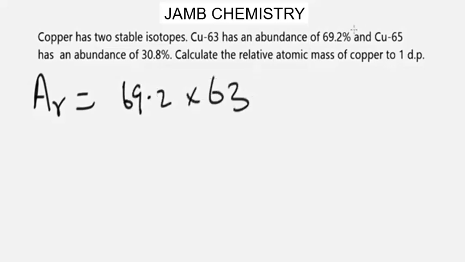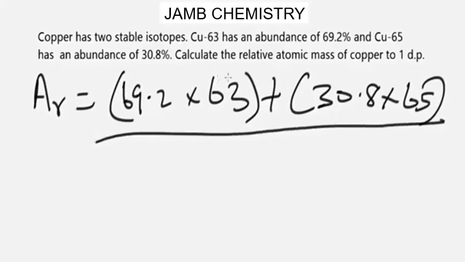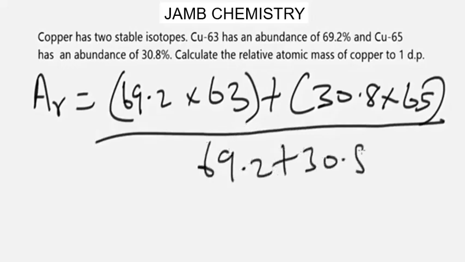So this is the percent abundance times the mass number of this copper here, plus, put it in brackets, this time around the percent abundance of this copper here, 30.8, times the mass number of the copper, that's 65, over the sum of the percent abundance of the elements. So we're going to have 69.2 plus 30.8.